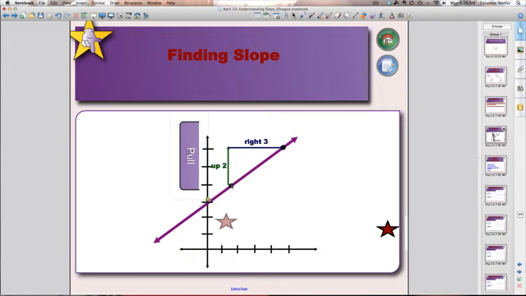You actually count how many up and then count how many over. And it's always the rise over the run. So 2 over 3 is the slope of the line. Okay, so again, you take 1 point and you draw a line up, and you take the next point and draw a line over. You count how many up and how many over, and that gives you the slope of the line.